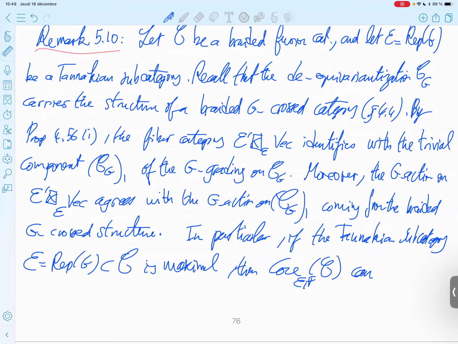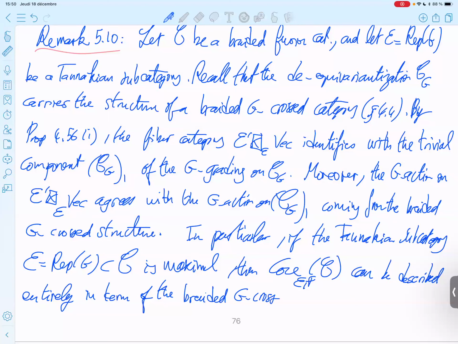The core can be described completely in terms of the braided G-crossed category C_G.